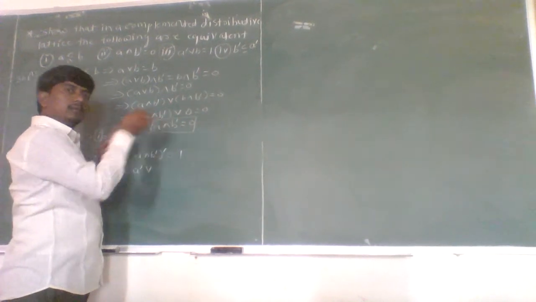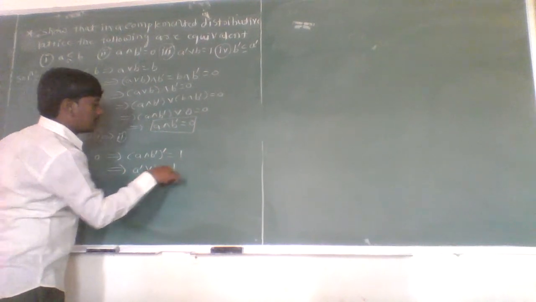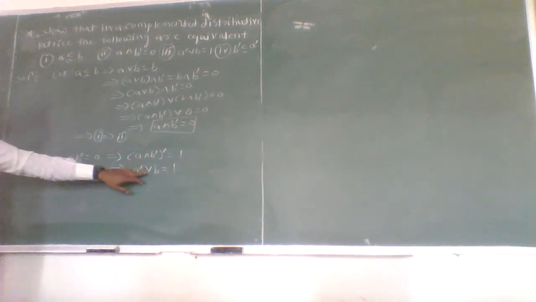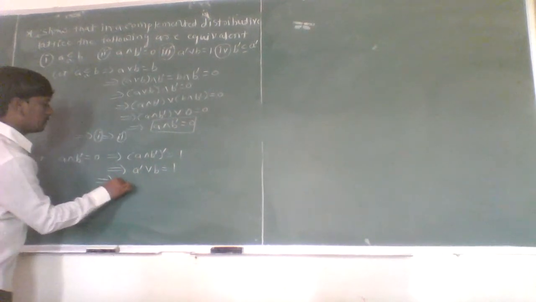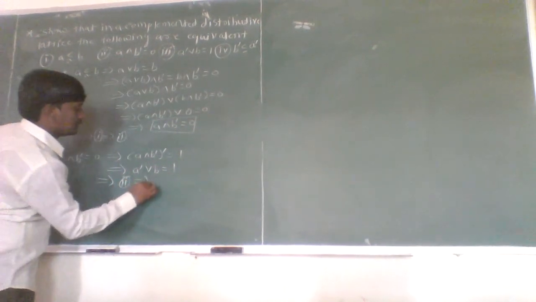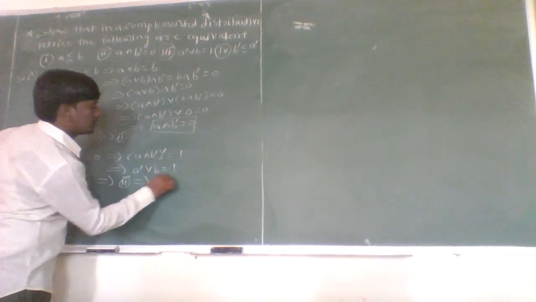Complement of B dash is nothing but B, which is equal to 1. Therefore, A dash join B is equal to 1, so we say that 2 implies 3. Here we have proved that 2 implies 3.